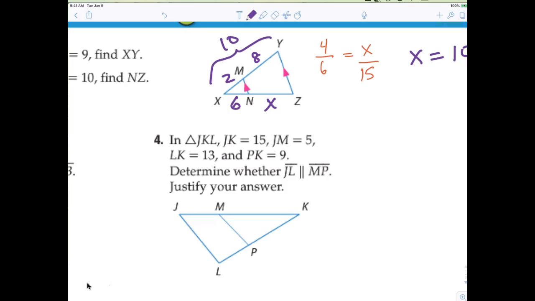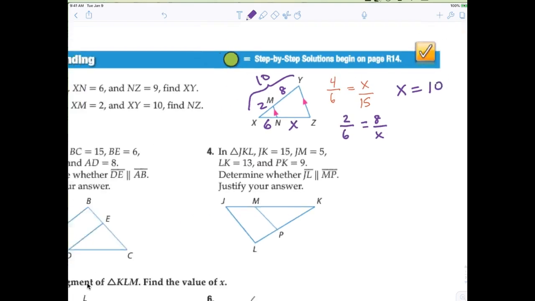And so now we can say, for the slow, 2/6 equals 8/X.